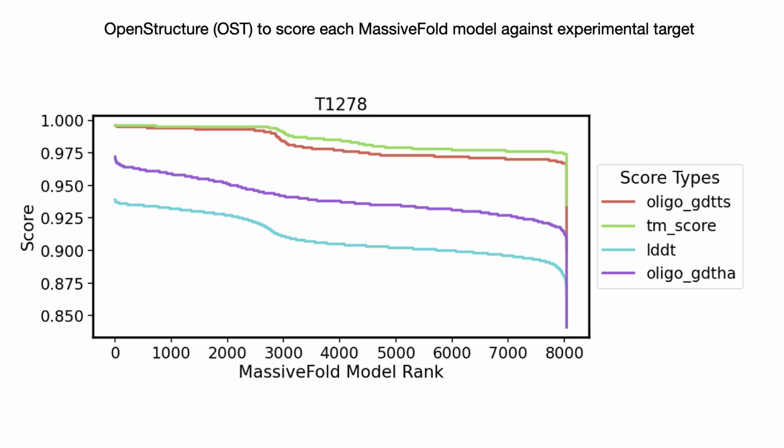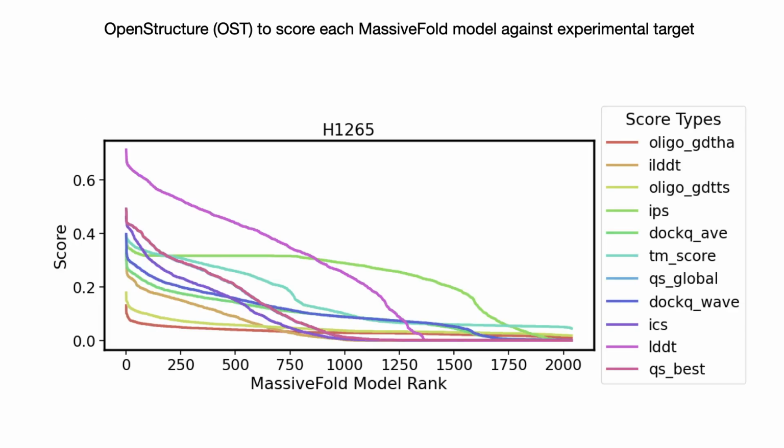So this is a monomer, so now we no longer have these interface-based scores. But the point is, again, the top 5 models here might not distinguish themselves significantly compared to the top 100 or even top 1,000, depending on the score that you look at. It's not always the case, though, so there are cases where the fall-off is a lot more abrupt.